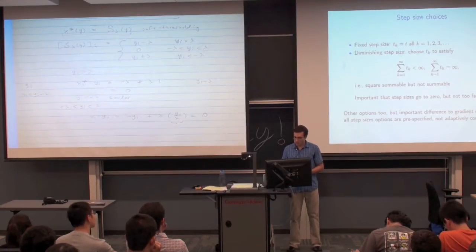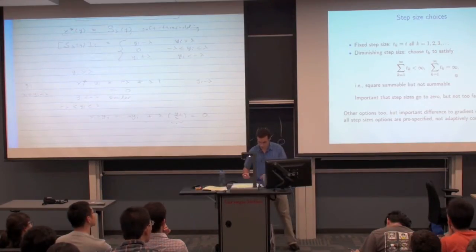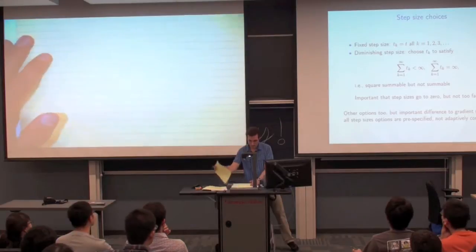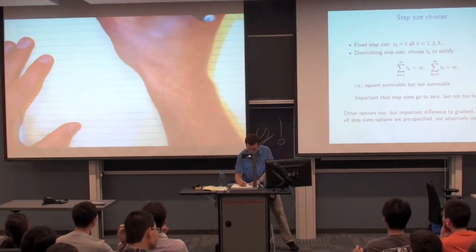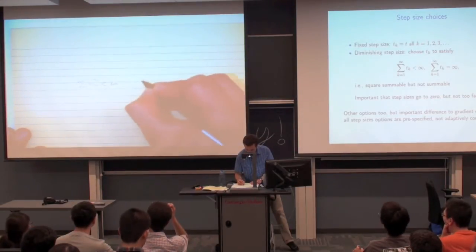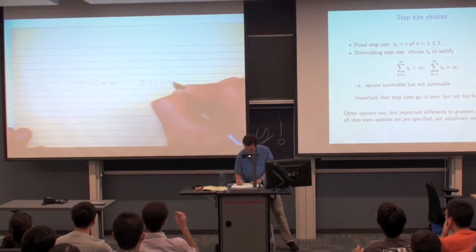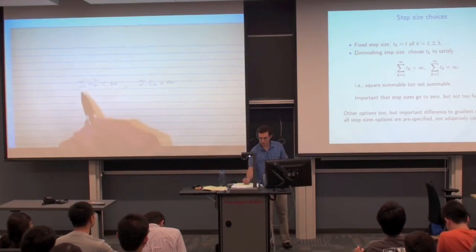A second strategy is to choose the step sizes so that they're not summable. It means that when I add them up, so this is another typo. So this should say that when I add up their squares, it's finite.